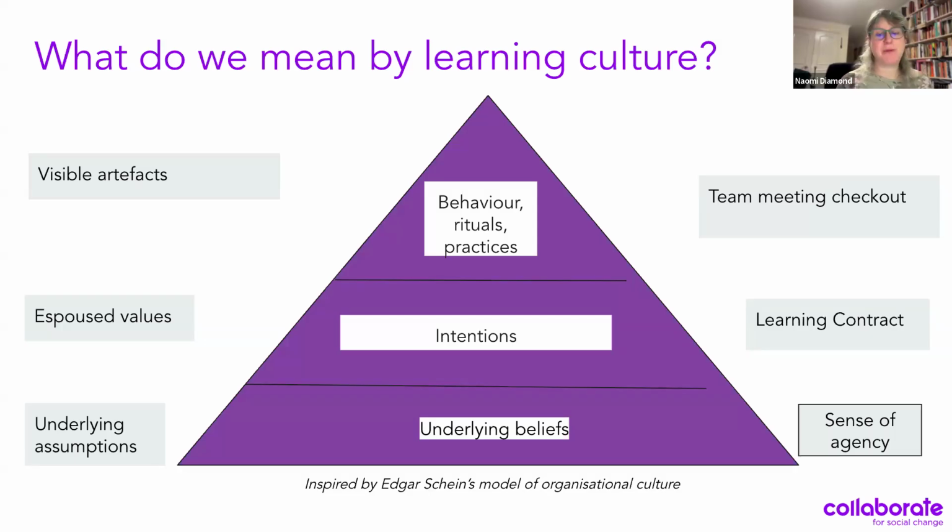Is it a very performative culture, where people actually believe that it's more important to do and say the right thing than to be honest? Is it a very authoritarian or hierarchical culture where people don't believe that they can change anything? So all of these underlying beliefs and assumptions are part of what creates a learning culture, and trying to understand those and shift them is part of creating a successful test and learn infrastructure.